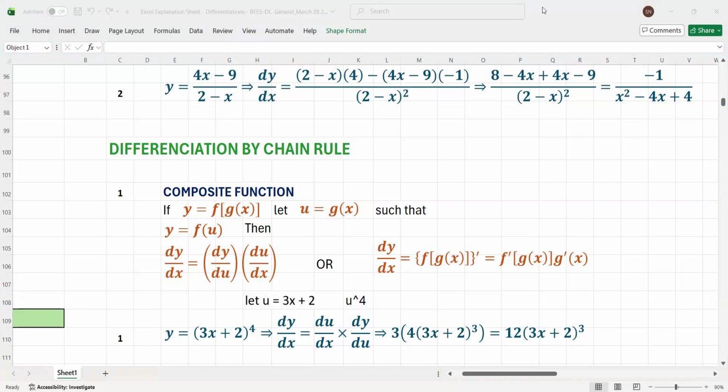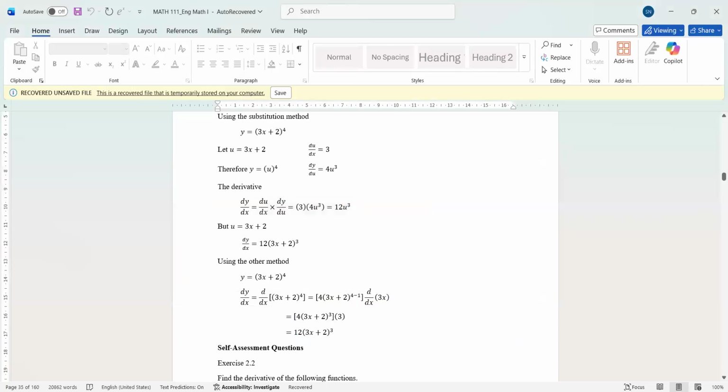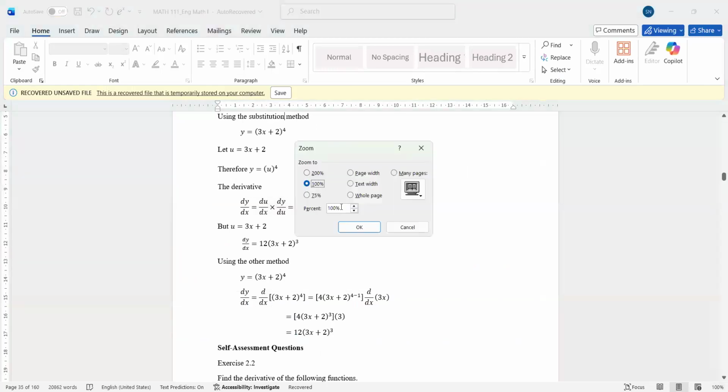Some of these examples are coming from that material, so that's what I'm referring to. So this example, I picked it from that material, just to confirm what I'm saying. This is a question that we just solved, okay? I hope you can see from your screen. Let me magnify this a bit.